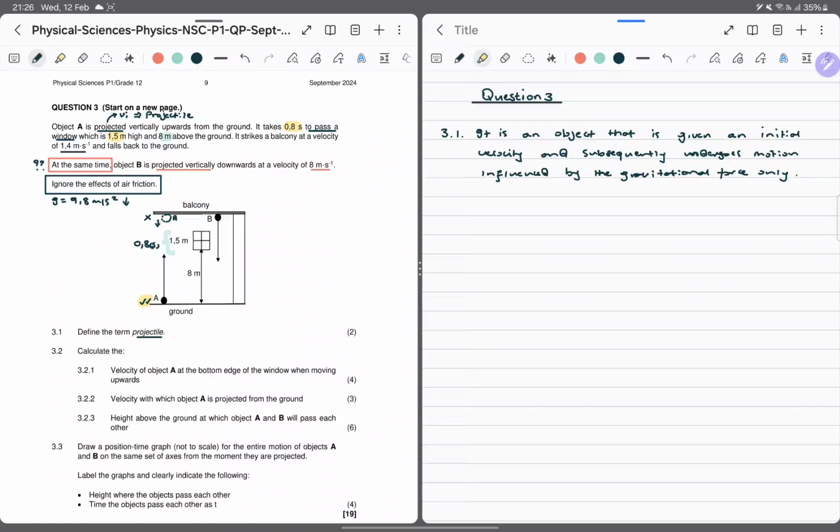Okay, so what is important here is that the object must have an initial velocity.